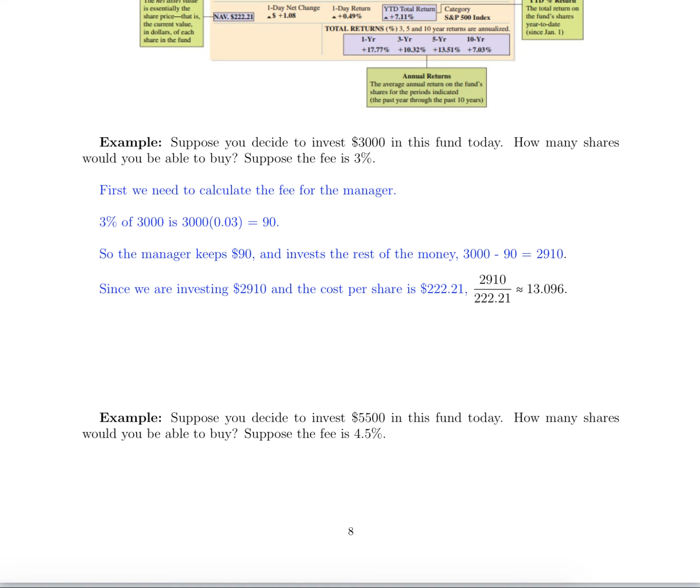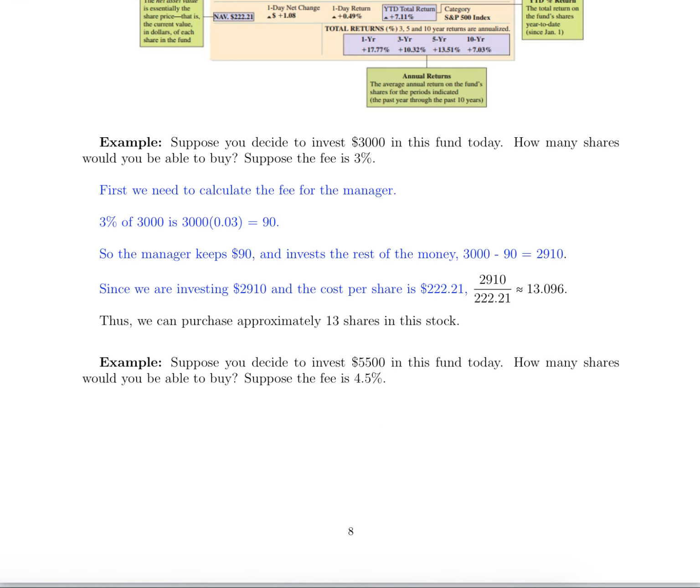So we generally say that means we can purchase about 13 shares in the stock. Alright, so first you calculate the fee for the manager, you subtract that so you can find your actual investment, and you divide that by the cost of the stock. So you can get 13 shares in the stock.